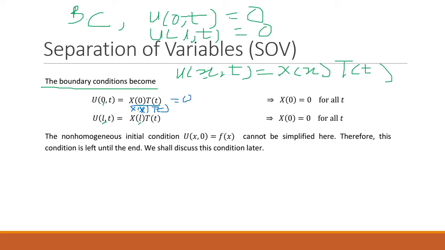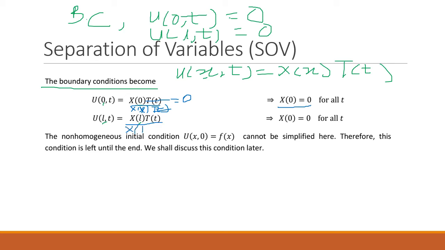Okay, sebab yang ni U(0,t) equal to 0, kan? So, yang ni akan jadi equal to 0. So, yang ni awak boleh cancel. So, that's why X(0) awak akan equal to 0, kan? Sebab yang ni X prime pergi ke belah sini. So, X prime times 0, 0. So, that's why awak dapat X(0) equal to 0 for all T.